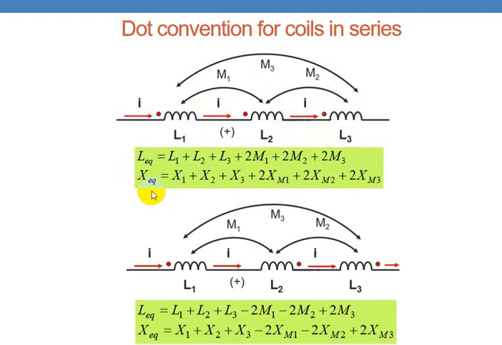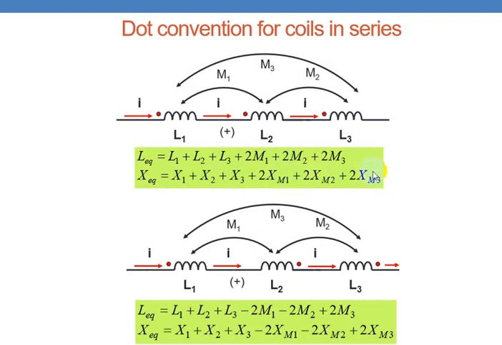To get the equation for reactance, you replace the inductance values by reactances, that is X1 plus X2 plus X3, and for this you write the reactance of mutual inductance, that will be plus 2XM1 plus 2XM2 plus 2XM3.